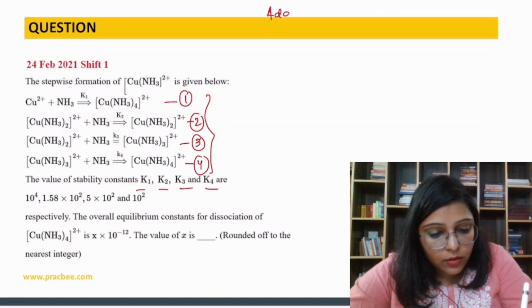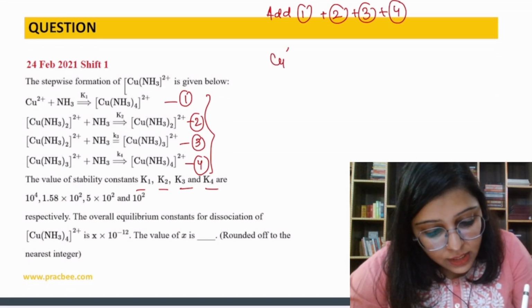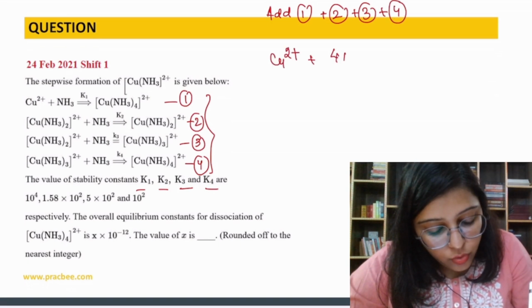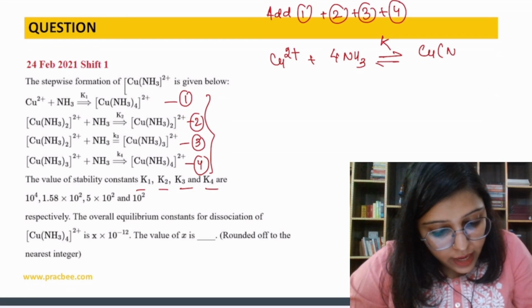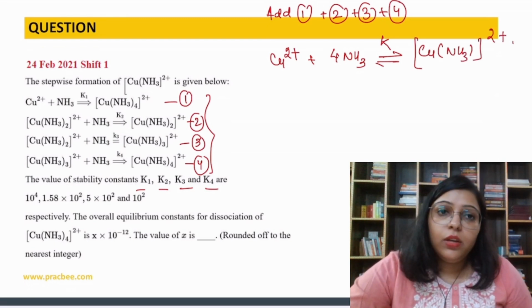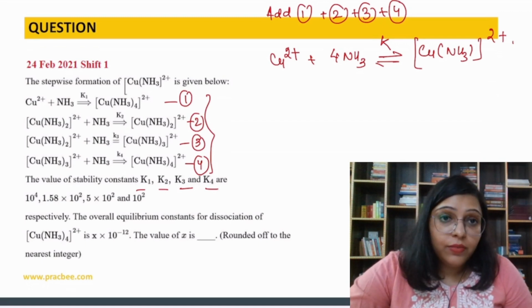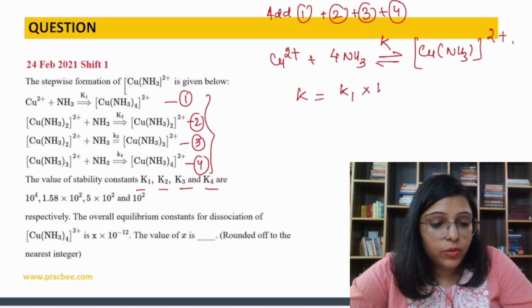If you add 1, 2, 3 and 4, you get Cu2+ plus 4NH3 giving Cu(NH3)4 2+, right? You get this one. And if you add, it means K is equal to K1 into K2 into K3 into K4.